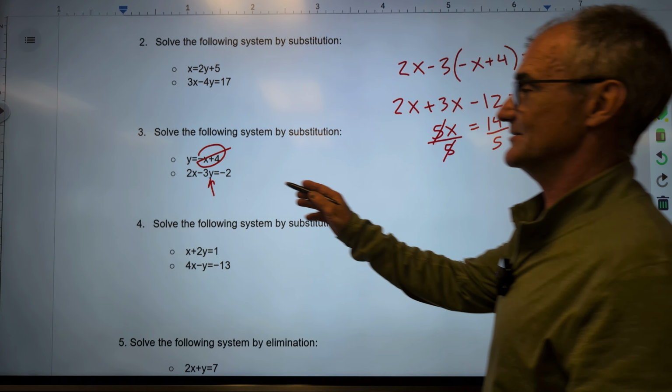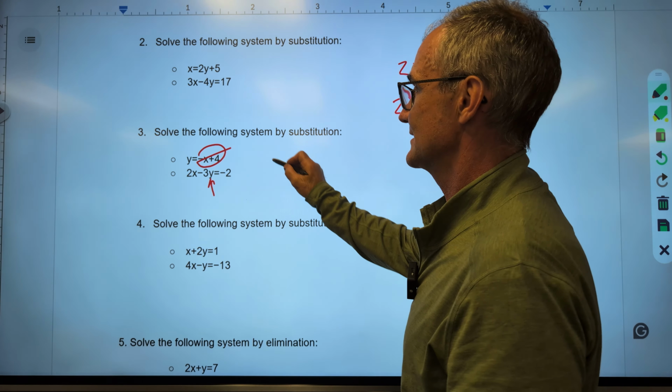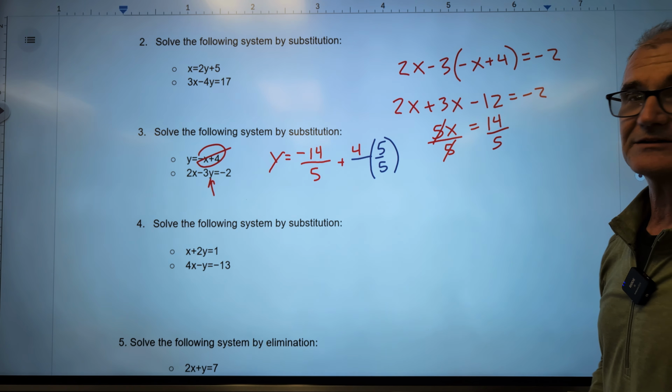So now I need to solve for y. Y is equal to negative x. Negative x is negative 14 fifths plus 4. Well, I have to have a common denominator to add or subtract fractions. So this is over 1, and I'm going to multiply it by 5 over 5 to get that common denominator.